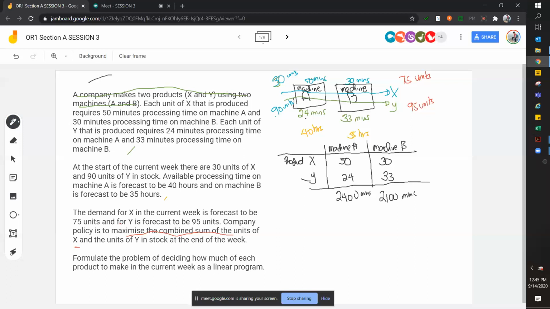Now, paano natin i-address itong 30 units of X and 90 units of Y, the initial stocks? Eh, ang goal natin, maximize. So paano natin yun i-present? Tapos, nangangailangan daw ng 75 units and 95 units at the end, the demand for X and Y. Sige, ilagay natin muna siya dito.